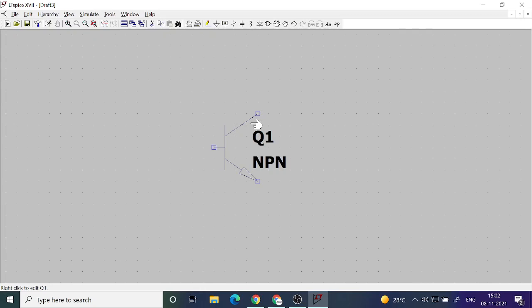There are three terminals. Since there are three terminals, we need at least two voltage sources. And secondly, we need to take one of the terminals as the common terminal. So today, what I'm going to do is take the emitter as the common terminal.